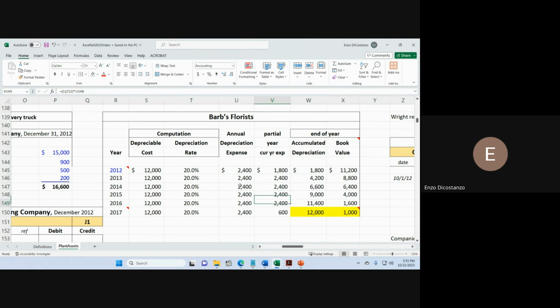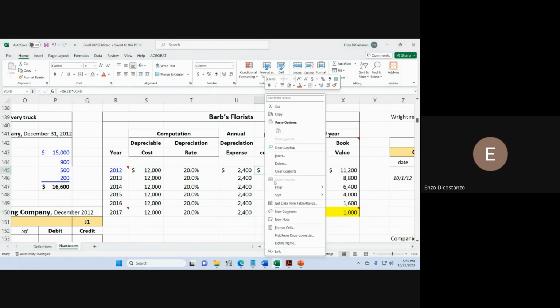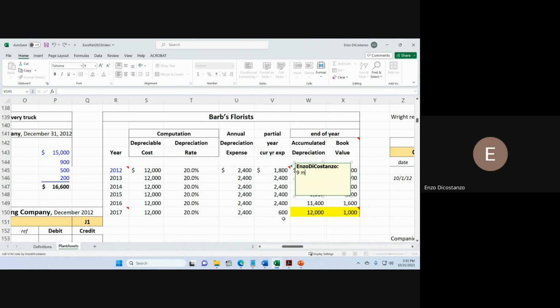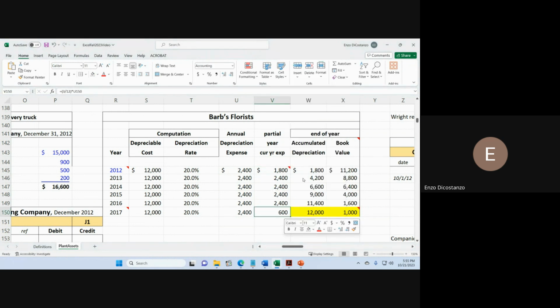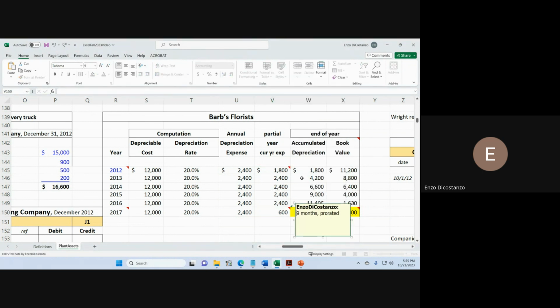partial. So you have 4 full years, 9 months here, and then 3 months here. This is 9 months. And this is 3 months.